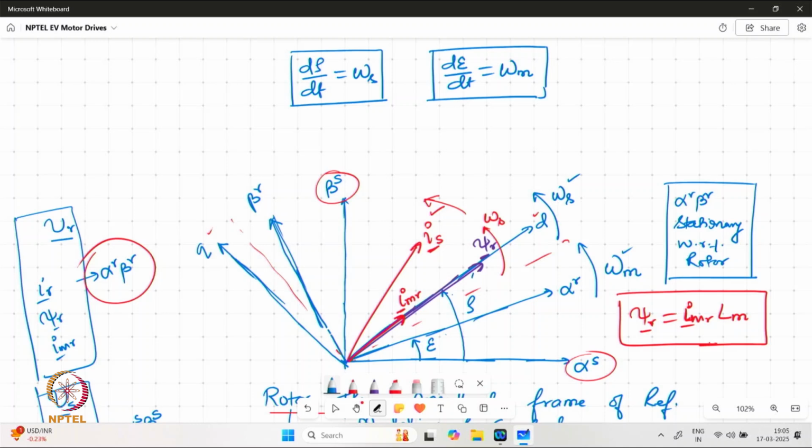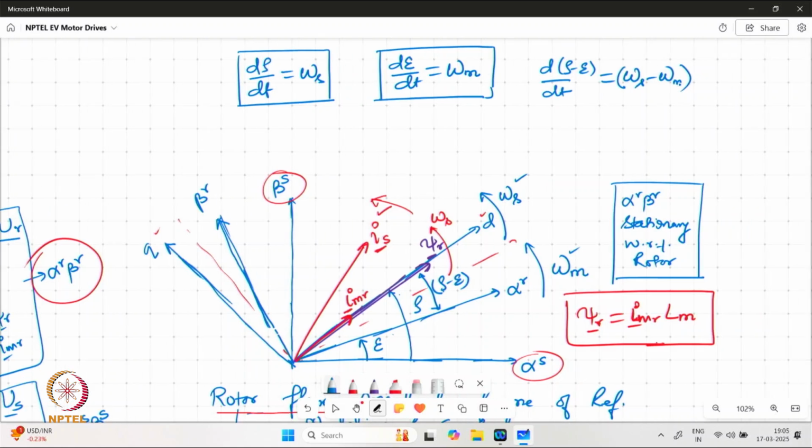Now, the difference between the two, rho minus epsilon, can be called the slip angle, and the rate of change of that angle is the same as the difference between omega s and omega m, eventually what is popularly known as the slip speed in the induction machine. So this basically gives us the understanding about how slip is going to come up in the different frame of reference representations.